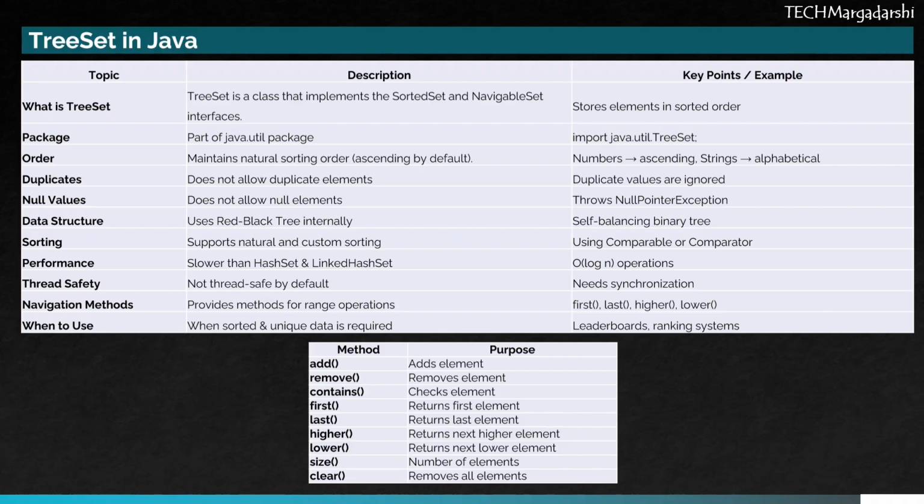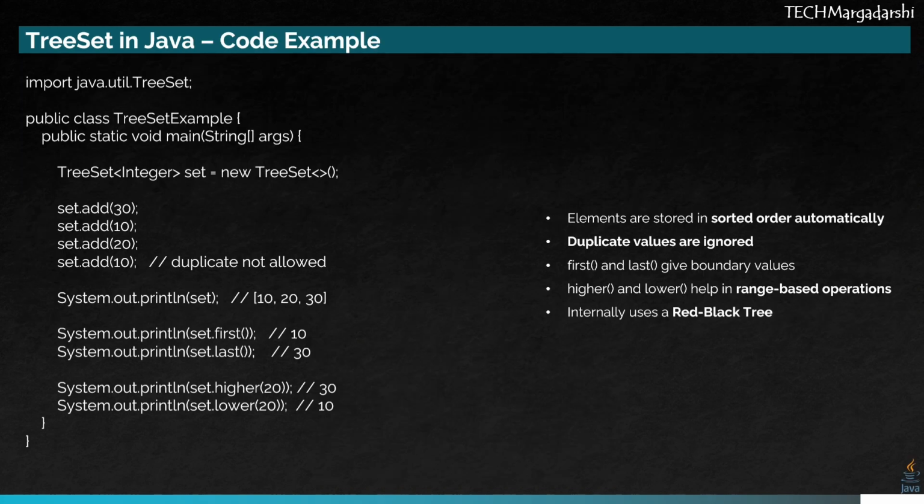TreeSet is best used when you need unique data that must always remain sorted, such as rankings, leaderboards, or ordered reports. Let's look at a simple TreeSet example to understand how sorting and navigation work in practice.